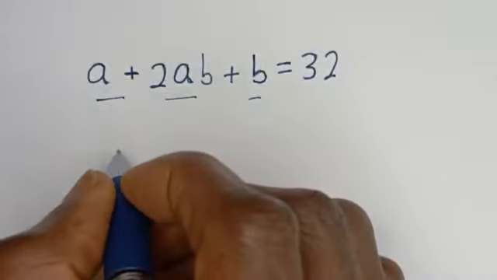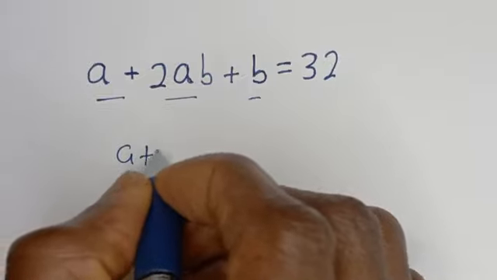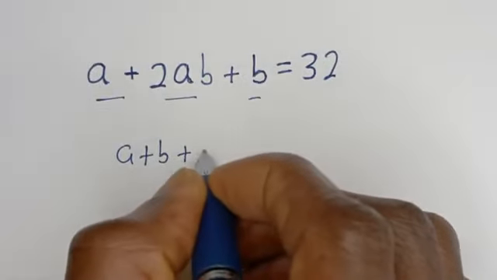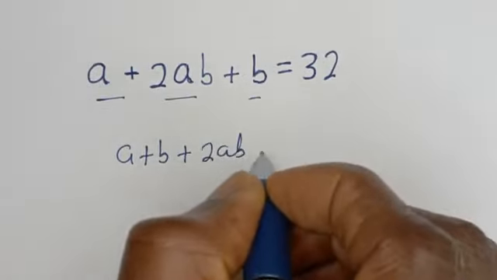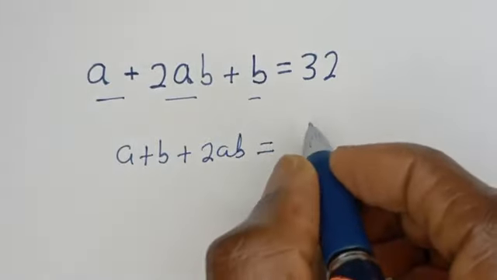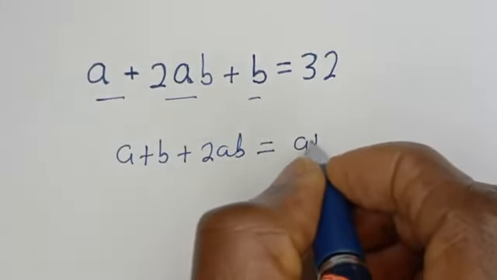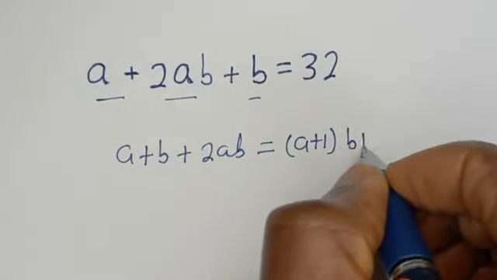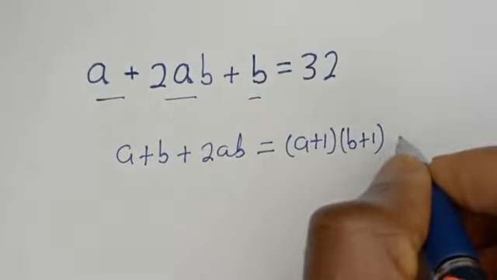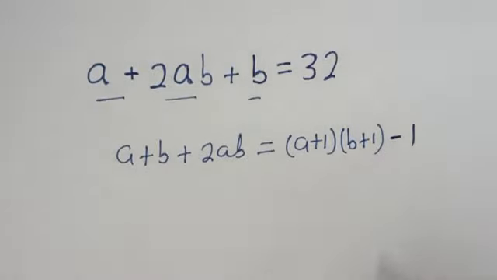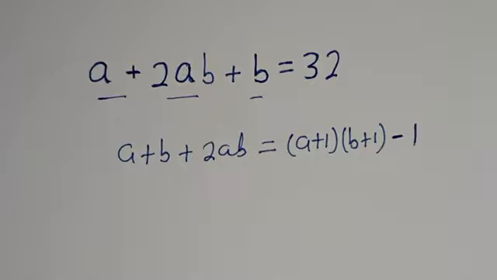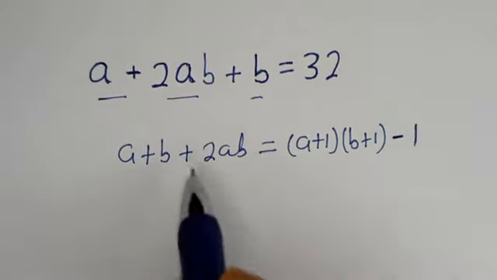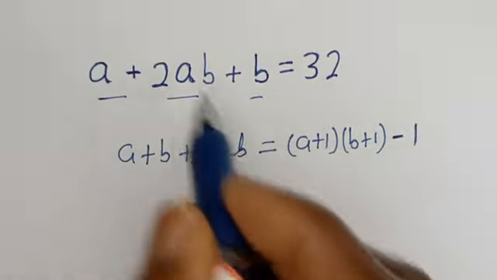That is a plus b plus 2ab is equal to (a plus 1)(b plus 1) minus 1. Then let's substitute this back for this.